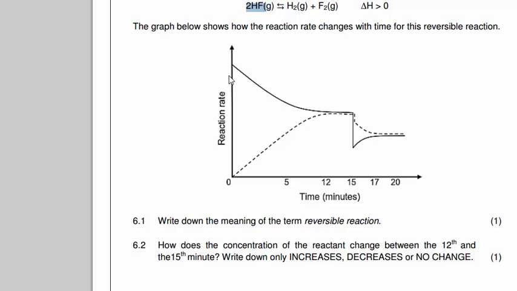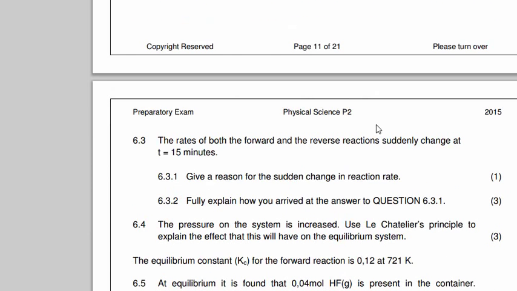If this was a concentration graph, concentration versus time, then a sudden change in all of them would have meant the volume was all of a sudden changed. Both of them would have had the same change if it was volume. So it doesn't make sense. So it's not volume.